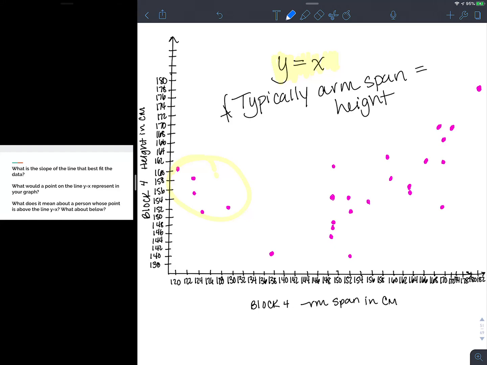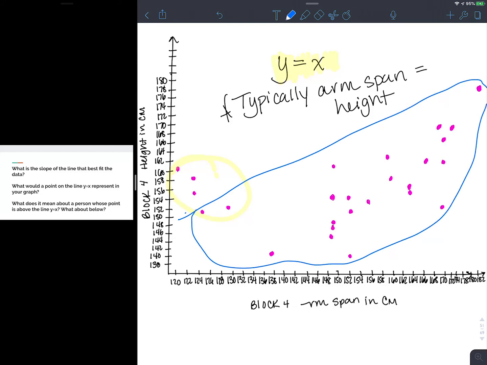I might even say I'm going to include this data and then leave the rest out. Might be something I do. Because then you're going to see that's kind of close to the line of y equals x. And even if I were to do the same, I might say that these are maybe outliers, if that's how I analyze the data.